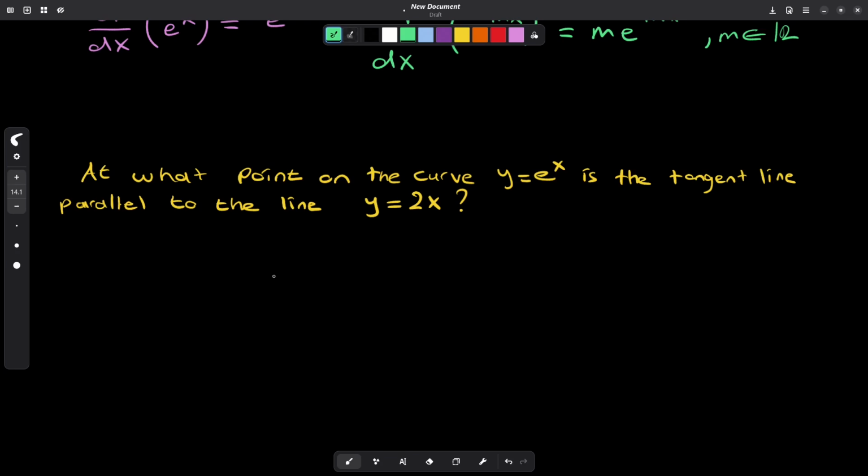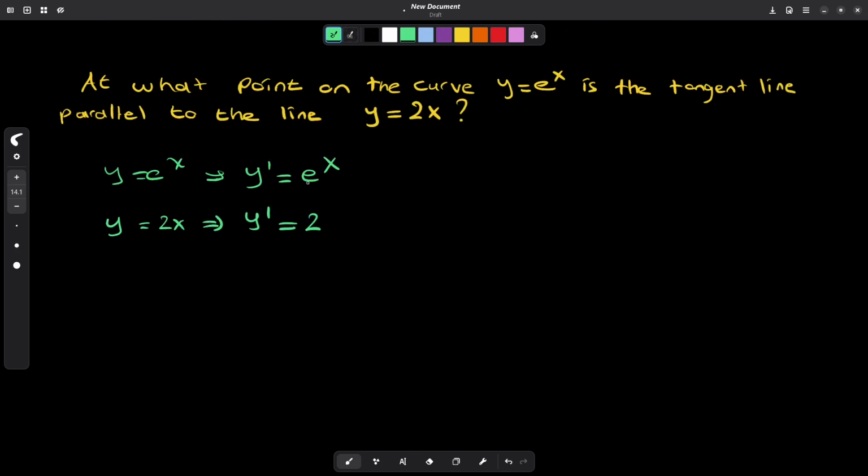But we will not use the limit definition anymore because we know the faster ways. Derivative of this function is e to the x, right? And derivative of the other line we have, if we differentiate this, 2, right? I want these to be equal to each other. So e to the x is equal to 2.